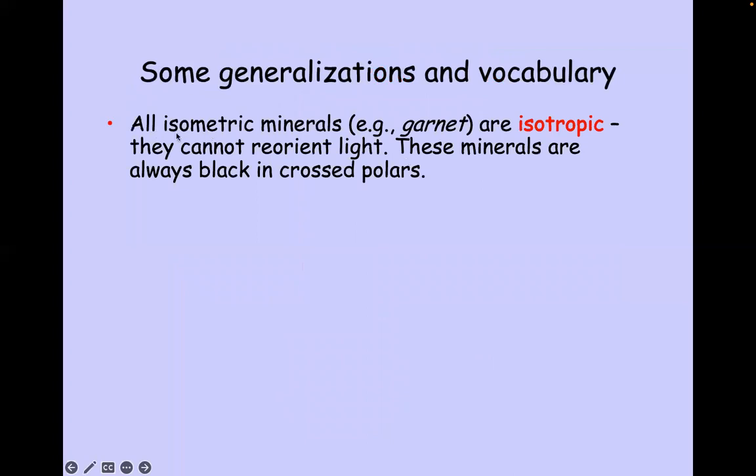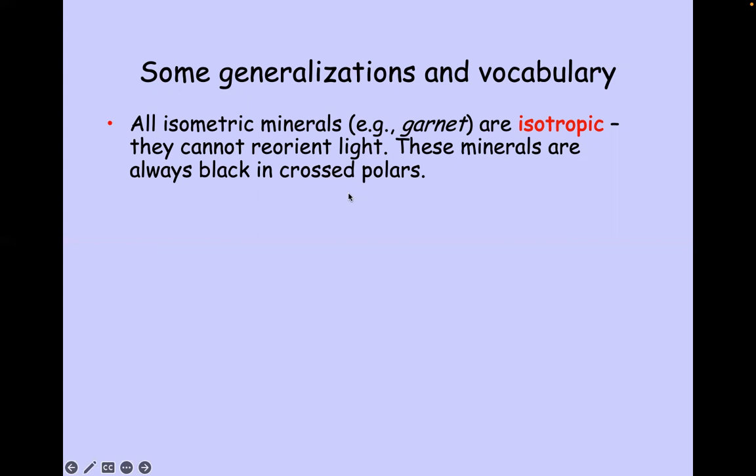Minerals belonging to the cubic system become dark in CPL, cross polarized light, when you rotate the stage. They cannot reorient the light, so they are always dark under CPL. But under PPL, they can have a color because they are transparent, not opaque. So these minerals are always black in cross polars.